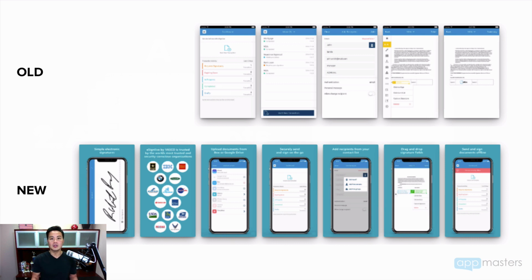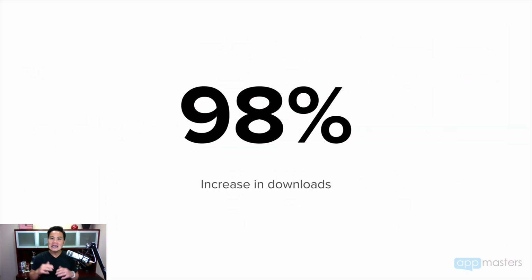Very simple. So let's look at the results. What did this old one do, and what did this new one do? Here's what we did to make sure that we had valid stats: we didn't change the keywords. We compared after these new screenshots were posted versus before. Here's what happened. A 98% increase in downloads. We doubled downloads just by changing those screenshots.